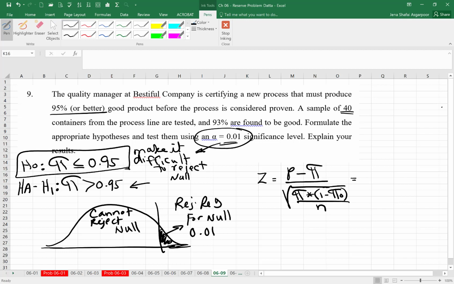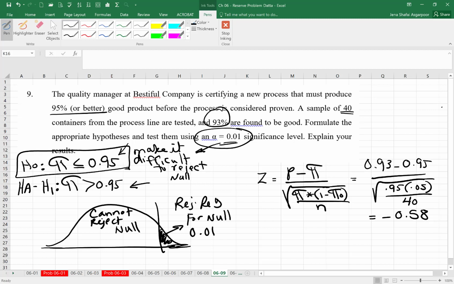So in this case, the proportion was 93% that he found from the sample, minus the hypothesized null, which is 0.95, divided by the square root of 0.95 times 0.05, which is 1 minus 0.95, divided by 40. This will be negative 0.58 when you crank it out.